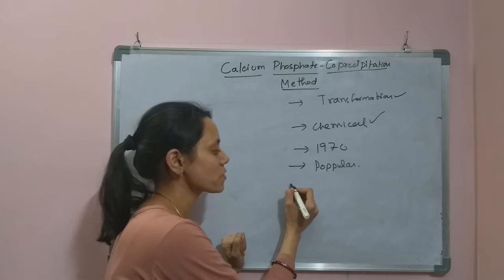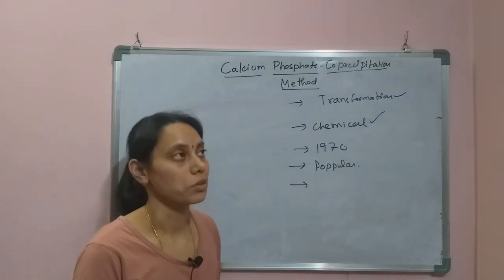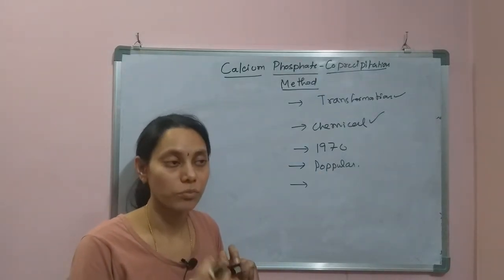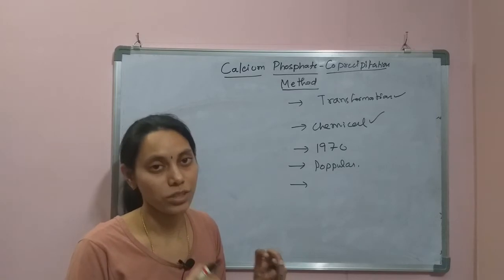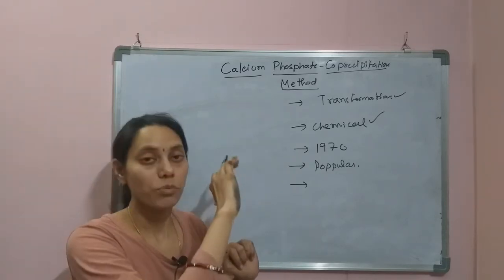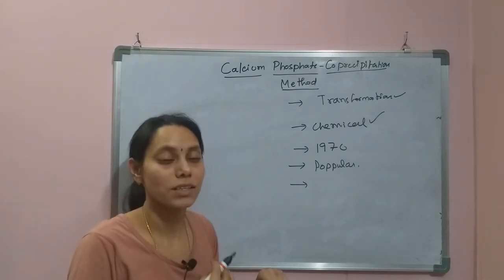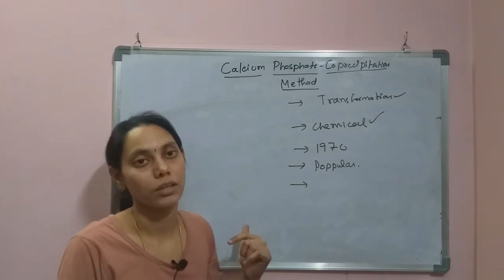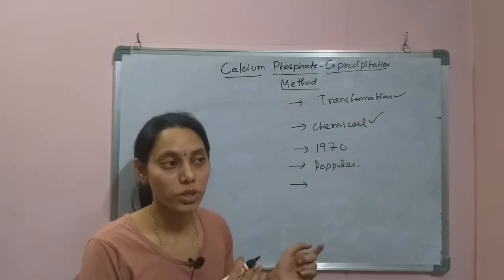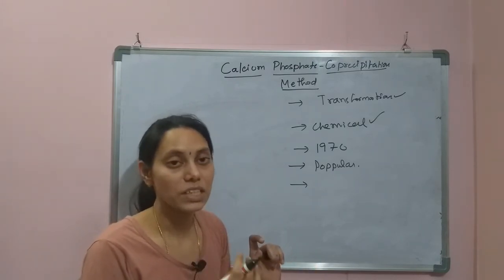And coming to the principle, how it works. Basically it's a co-precipitation method. That means the calcium phosphate will co-precipitate the DNA present in a solution along with it. As the calcium phosphate precipitates, it also drags the DNA to be precipitated along with it. That means particles will be formed in which the calcium phosphate is in mixture with the DNA.